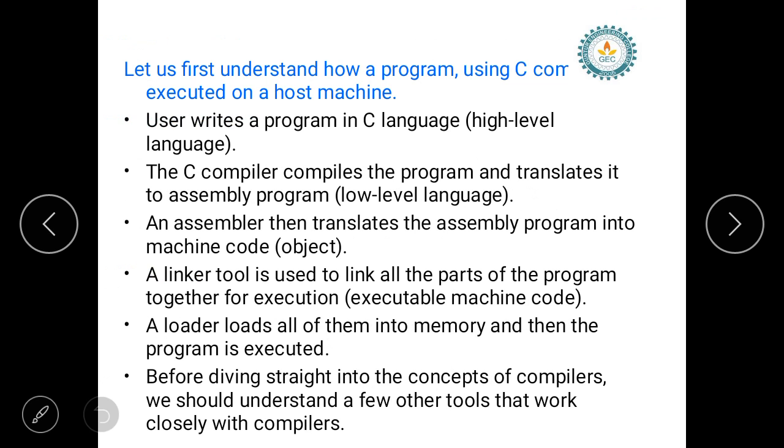A linker is a tool used to link all parts of the program together for execution. The loader loads all of them into memory, and then the program is executed. So this is the general process of the preprocessor using the C program.